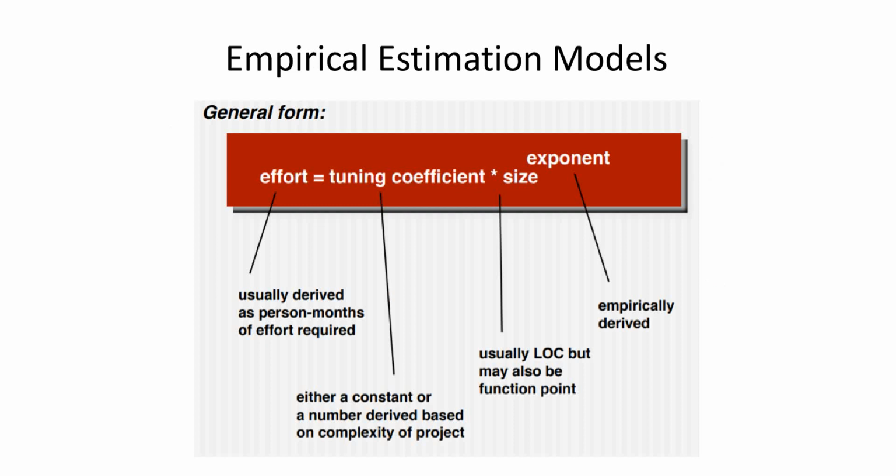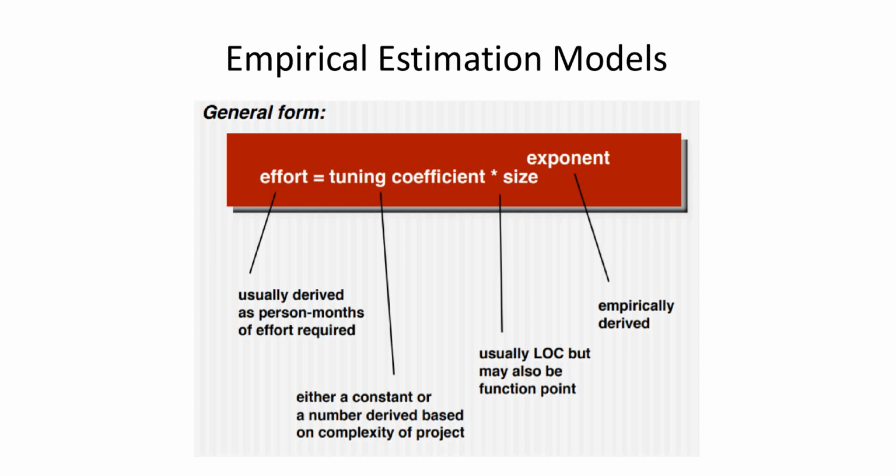The size is either determined directly from a size oriented metric, or you can convert it from an FP based system using a language factor. When we put this size raised to the power of the exponent and multiply it with the tuning coefficient, we get the effort. Likewise, we can also calculate the development time using another empirical formula.